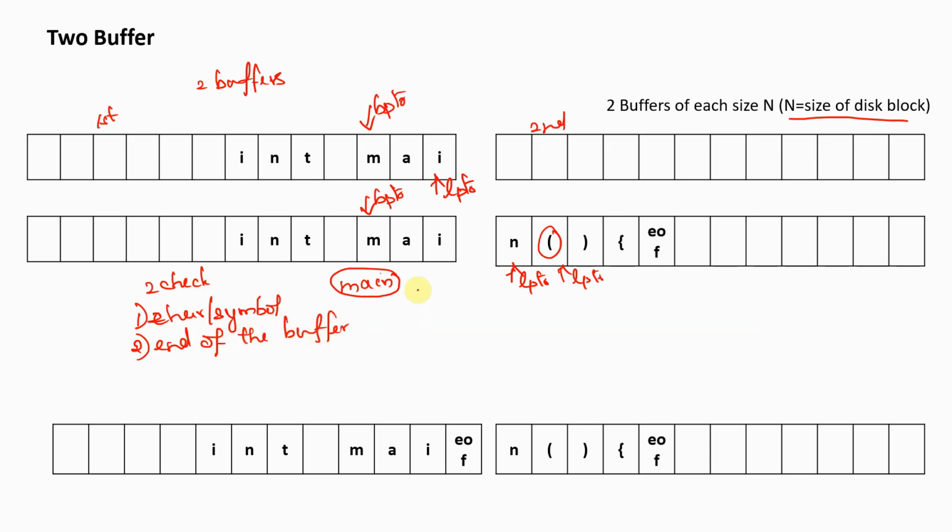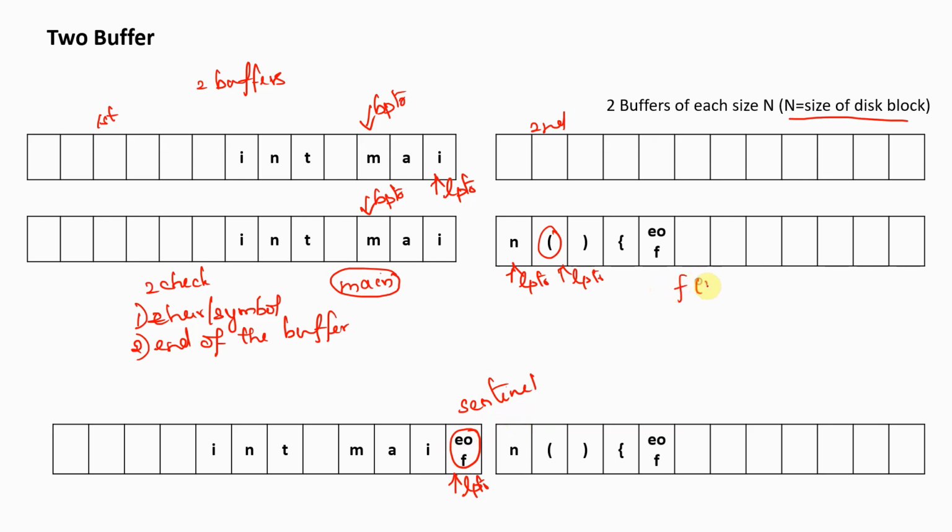To avoid that, a special symbol called a sentinel is added at the end of the buffer. So when the pointer reaches it, it knows that it is the end of the buffer, and the second buffer gets loaded with the data.